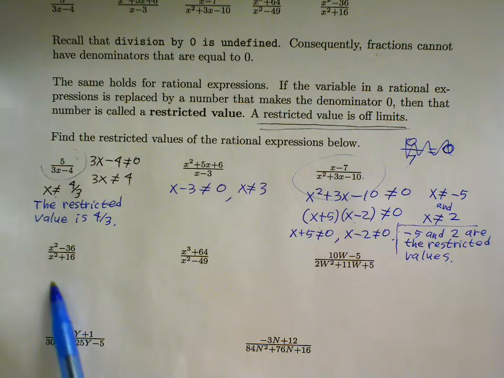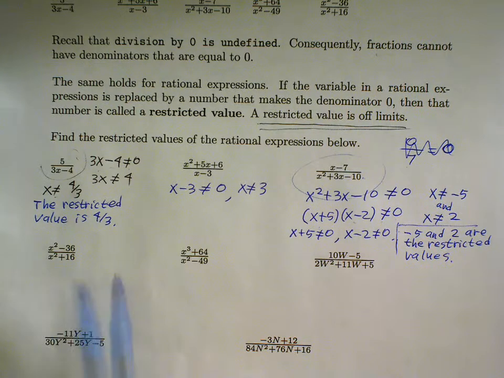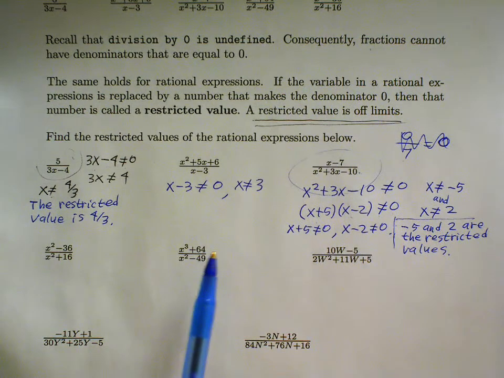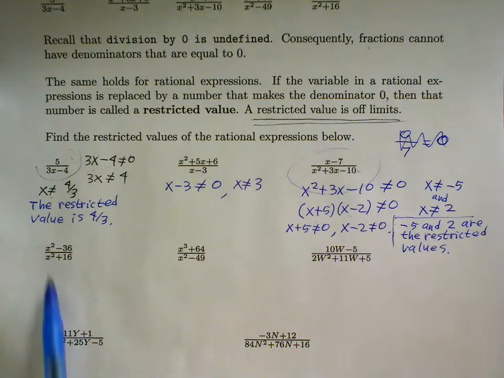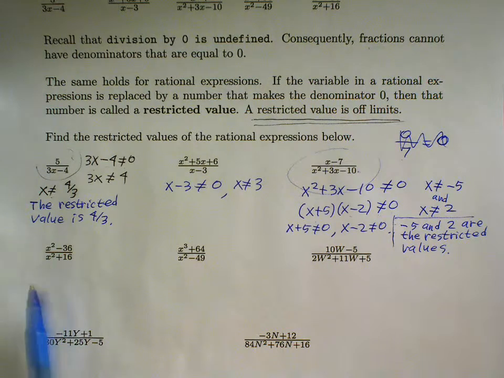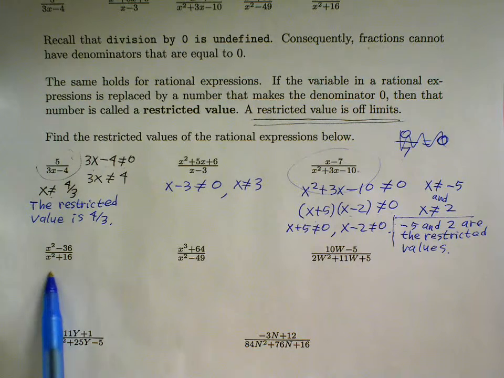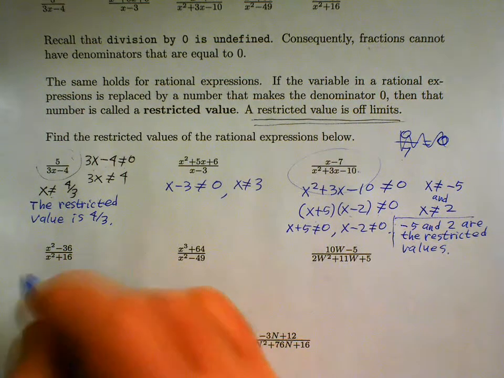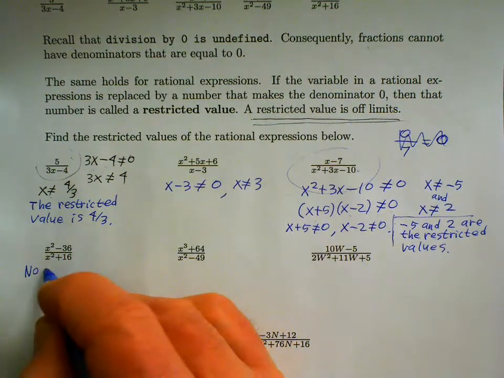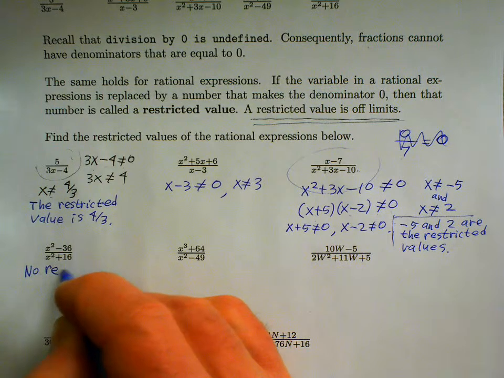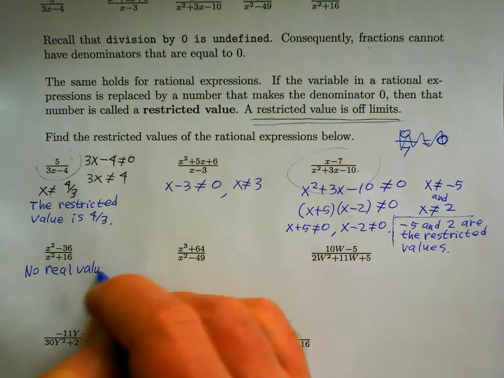This rational expression does not have any real numbers that are restricted values. Every real number that you replace x with will make the denominator non-zero. So we would say this rational expression has no real valued restrictions.